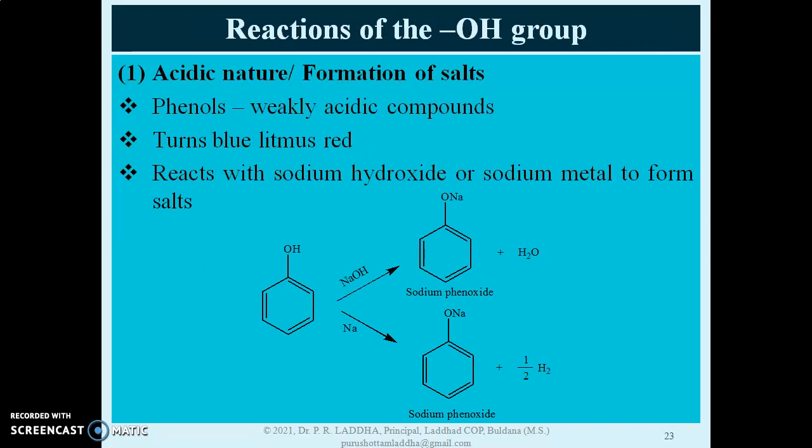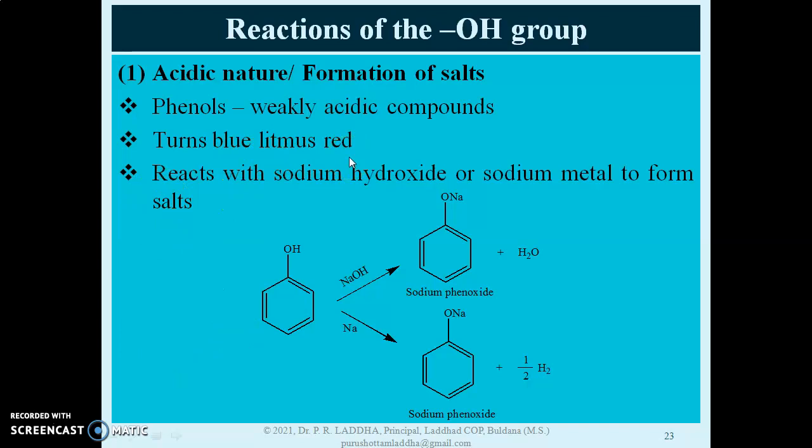We will start with reactions of the OH group. The first one is acidic nature or formation of salt. Phenols are weakly acidic in nature. It can turn blue litmus to red.